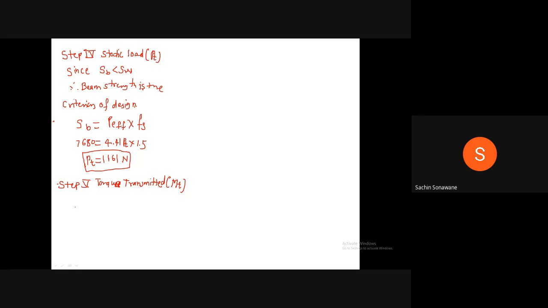MT is equal to PT. You know torque means force into distance. For a gear, which is circular in shape, torque transmitted is tangential force into radius. Therefore, PT into dp by 2.